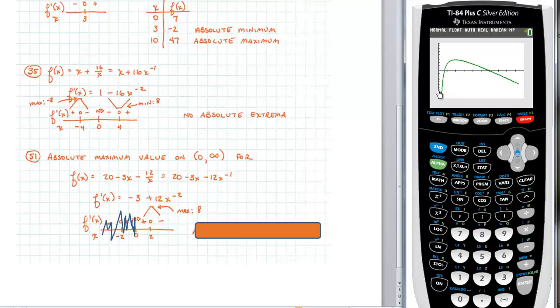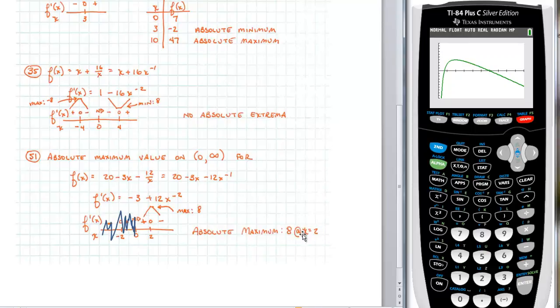So if I'm just going from 0 to infinity, this is the largest y value. That's the largest y value that I have on that interval. So I do have an absolute max here of 8, and it occurs at x equals 2.